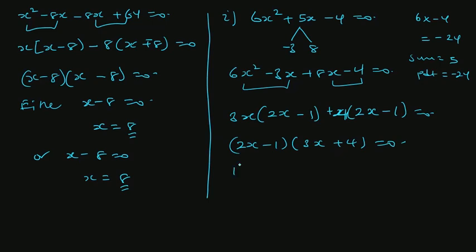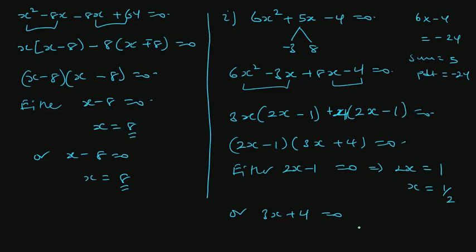So either 2x minus 1 is equal to 0, which gives us 2x as a 1 when we take 1 this side. So we divide through by 2 on both sides, we shall have x as a half, or 3x plus a 4 equals to 0.